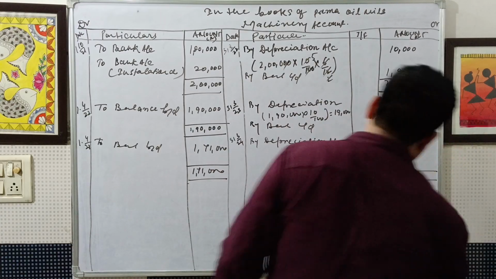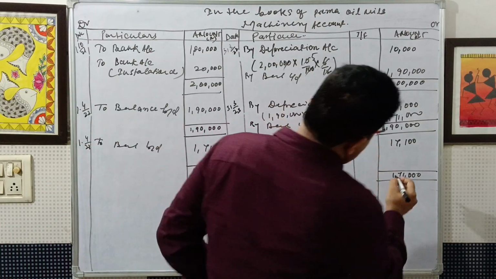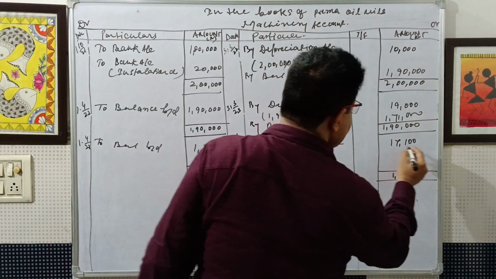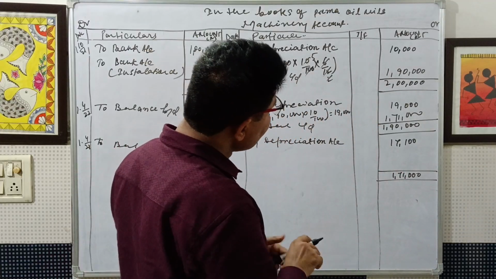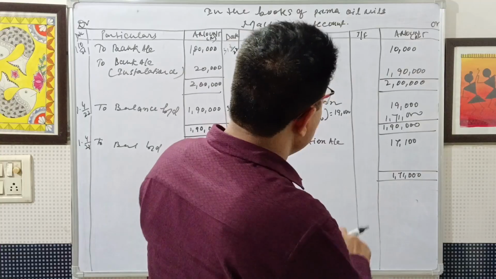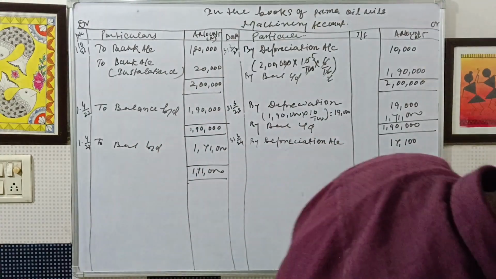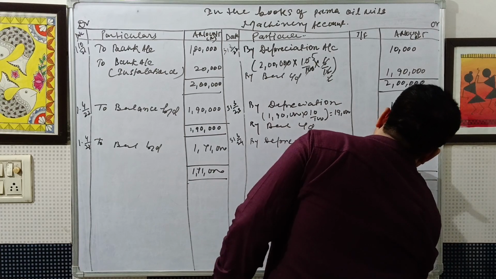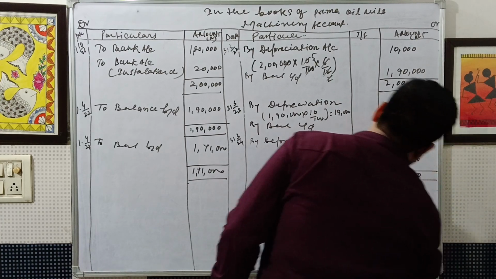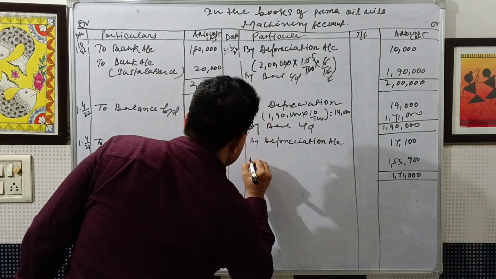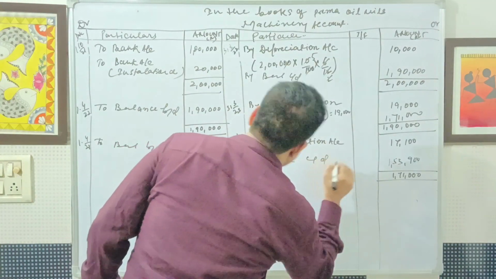Now 1,71,000 minus 17,100 is 1,53,900, by balance c/d.